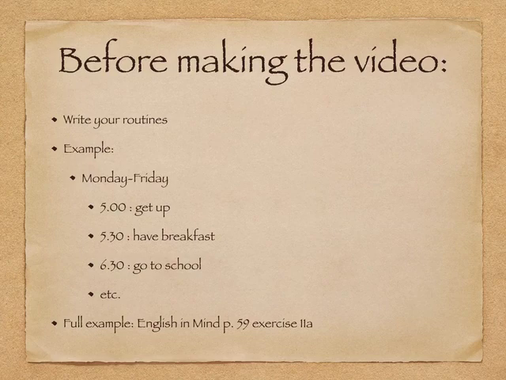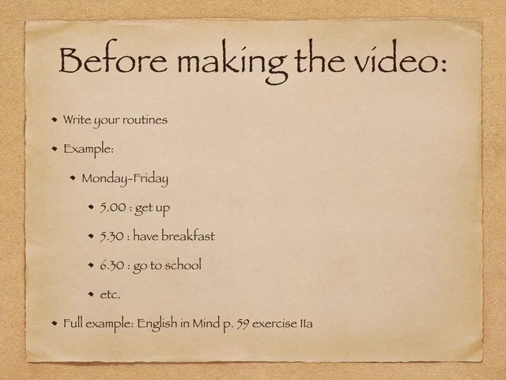There's also a full example of how to write your routines, how to write your daily activities. You can see the example in your course book, English in Mind, page 59, exercise 11A.